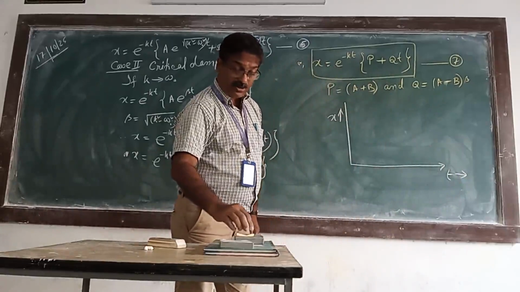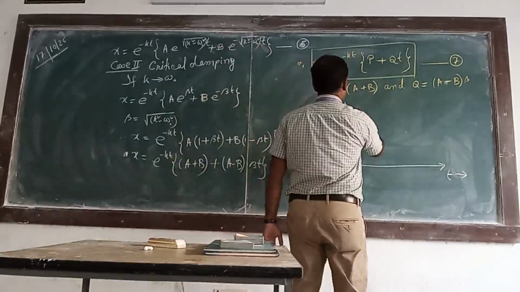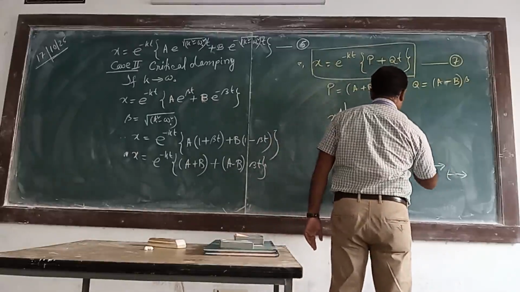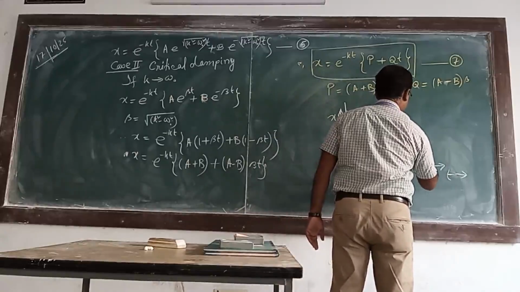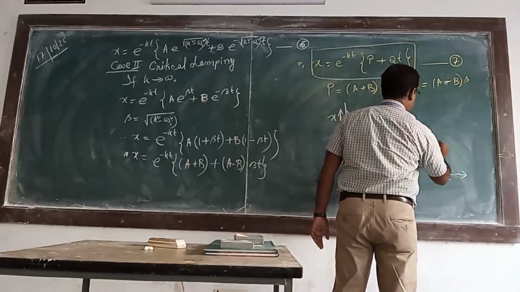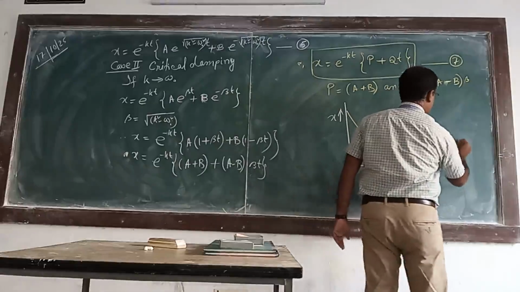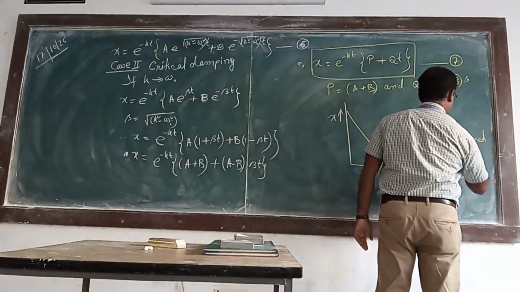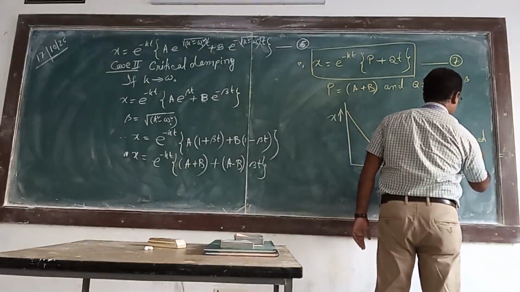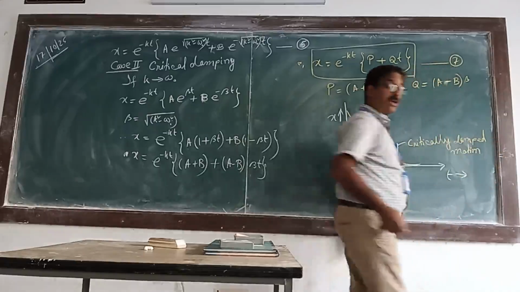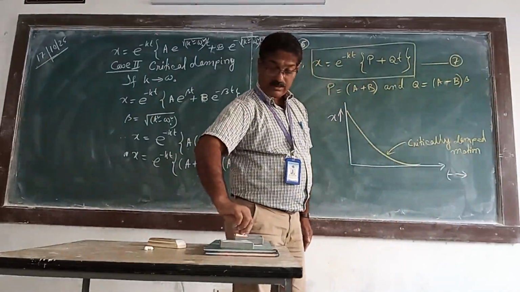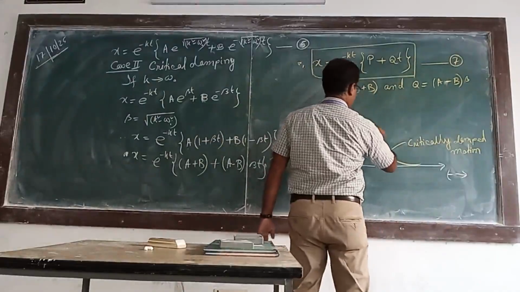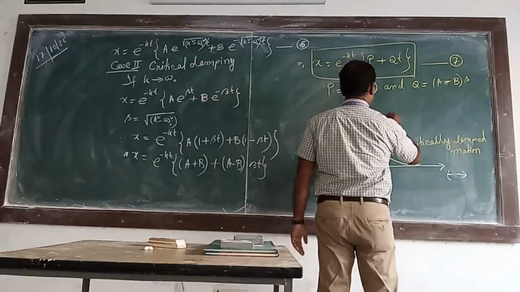So if we plot the graph like this, then this is for the critically damped motion, and this is for the over damped motion.